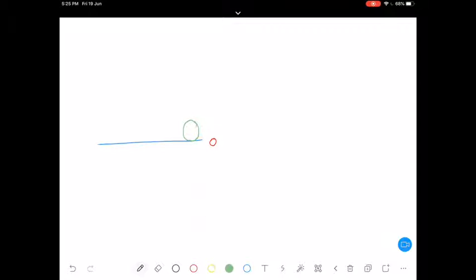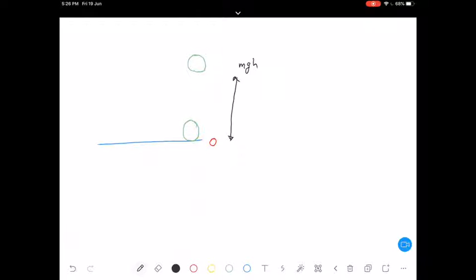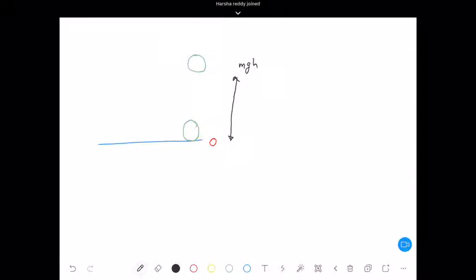If I lift this object up to a certain height, we can say that its potential energy can now be written as mgh. Is that clear? Now, work is another form of energy.